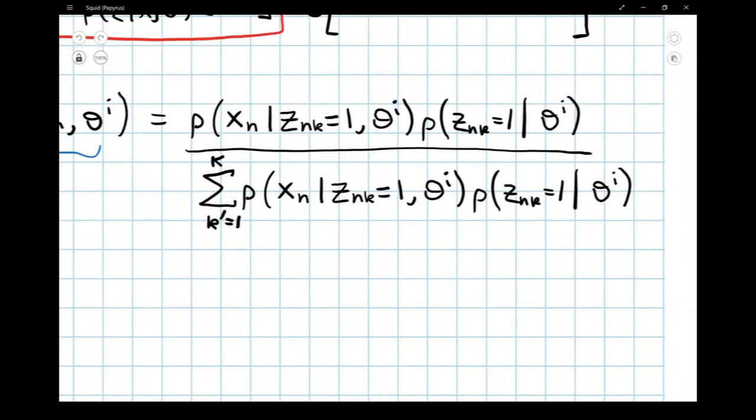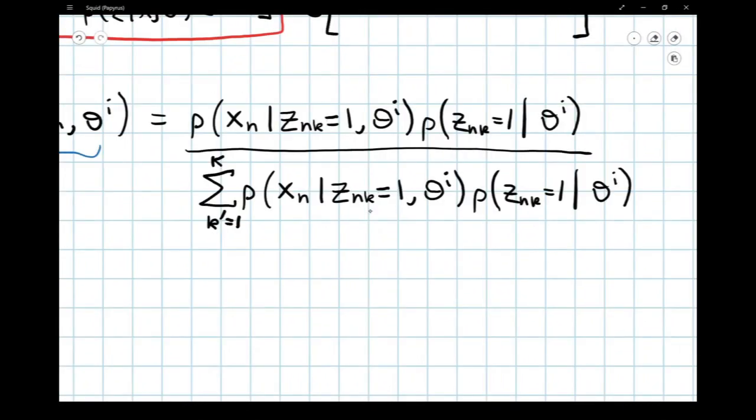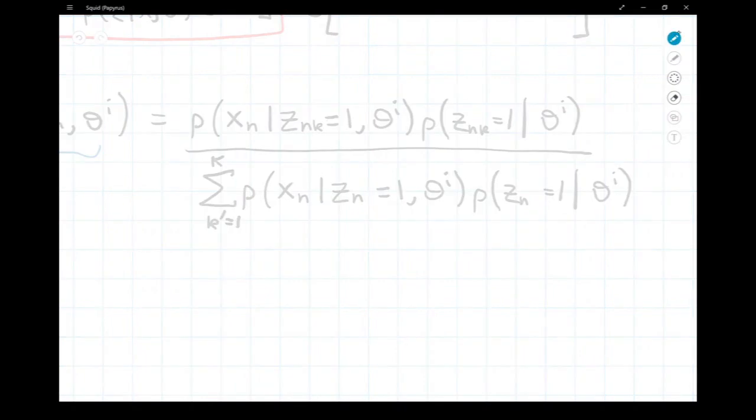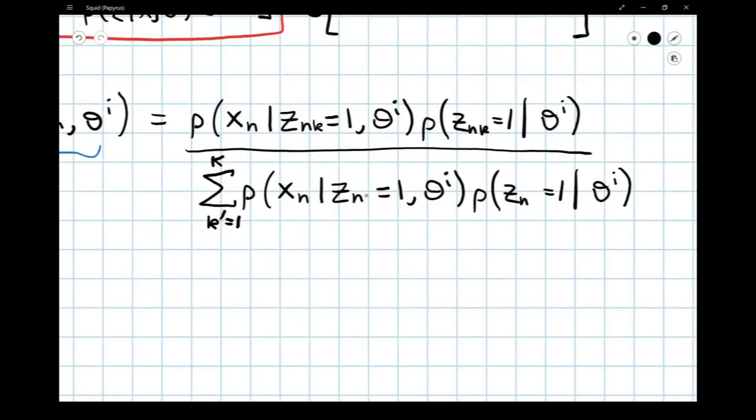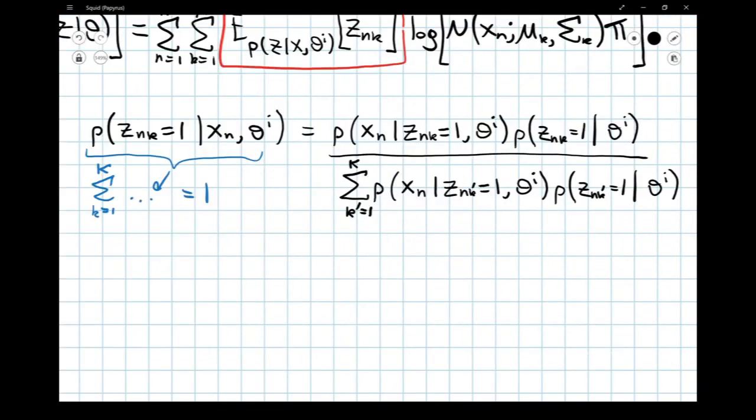I'll zoom in a bit and get rid of that. Because that is now a k dash and that is a k dash. Okay, good. So that is this distribution over z.